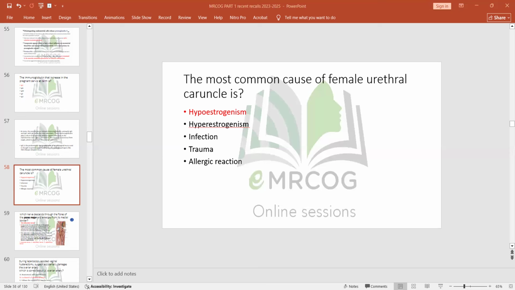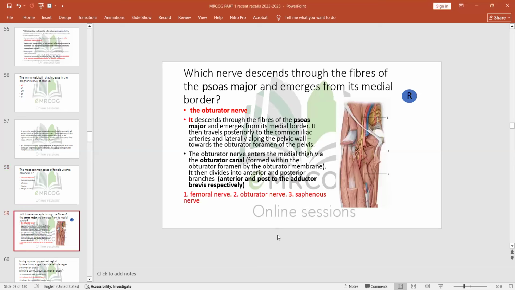Who remembers the two-cell theory? Granulosa cell and theca lutein cell. Theca lutein or theca cells are going to be stimulated by the LH, and it's going to secrete androgens or testosterone.